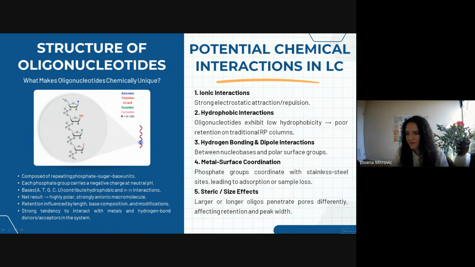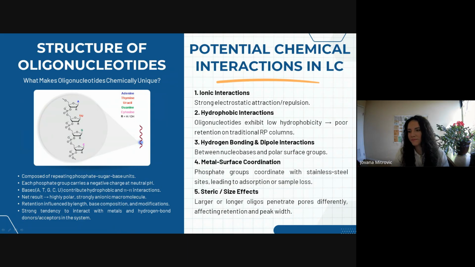Here we can see the main types of interactions that occur between oligonucleotides and chromatographic systems. Ionic interactions. This is the most dominant type, driven by electrostatic attraction or repulsion between charged groups on the analyte and stationary phase. Hydrophobic interactions.